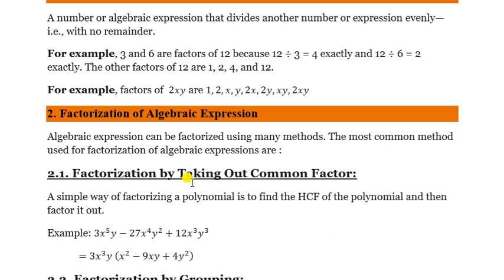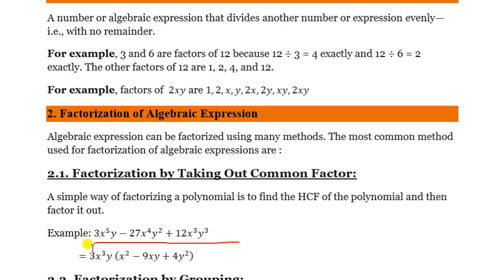That means you have to find the common factor for all the individual terms. We'll explain with an example. See, this is a given algebraic expression and we have to find the common factor from all the terms. And listen, when any numerical number is given in an algebraic expression, first you have to find the highest common factor for all the given numbers.